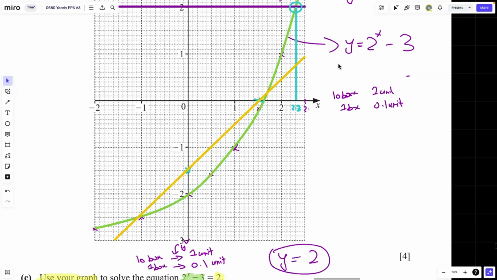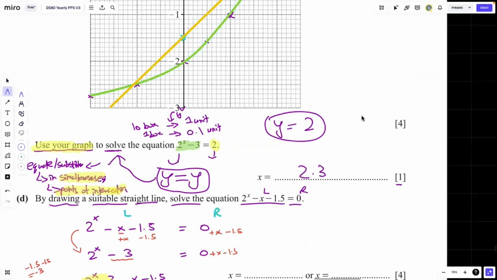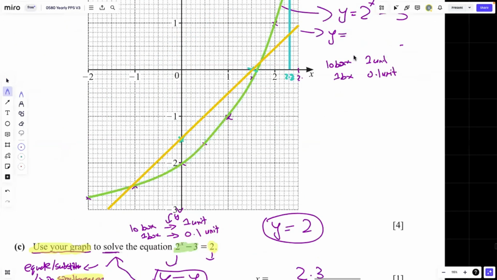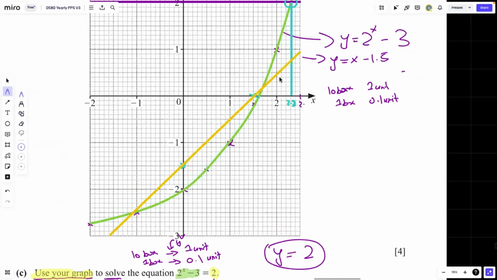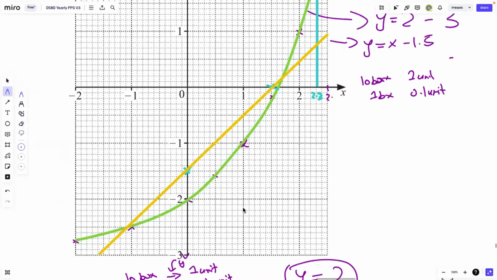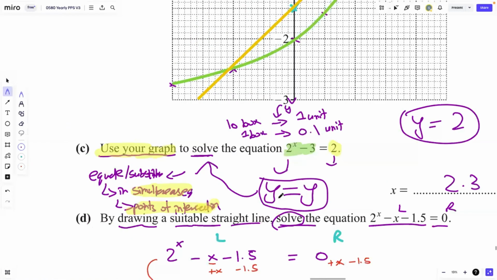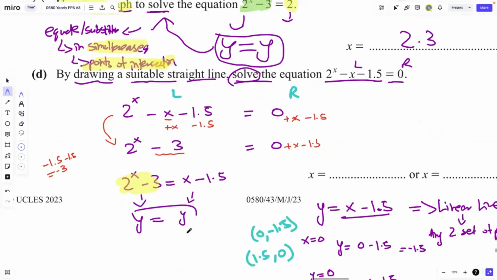The orange line is the line for y equals x minus 1.5. And now we can find out, because we are supposed to solve, as in find the points of intersection again, because we have equated the y and y.